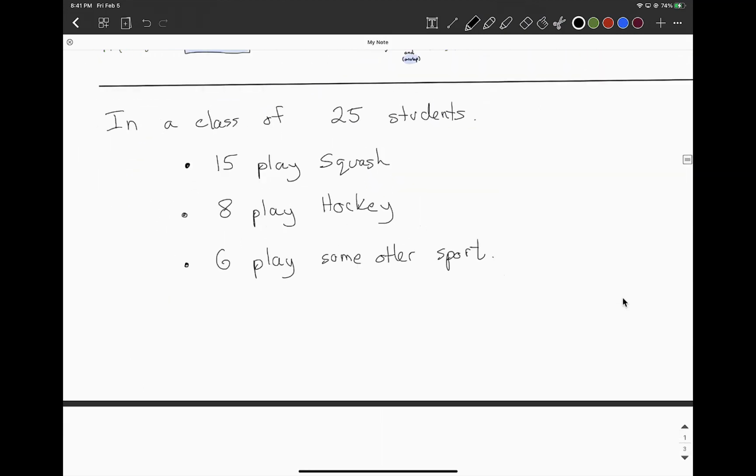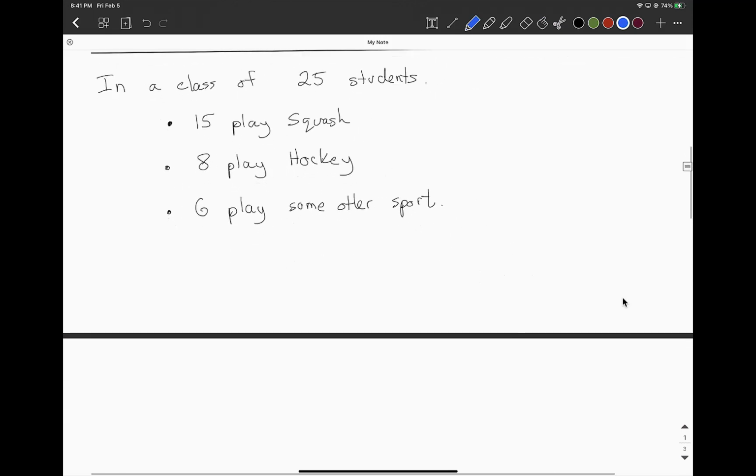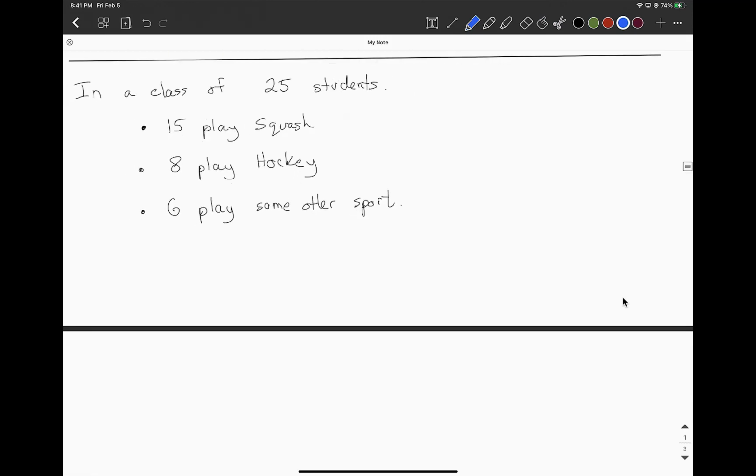And, on an exam, in a realistic scenario where we're kind of testing this concept, we would ask something about it. We would ask, for example, how many people play, I don't know, how many people don't play hockey? Just something nice.